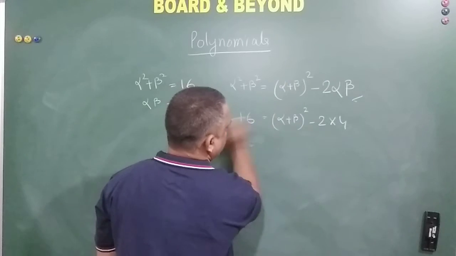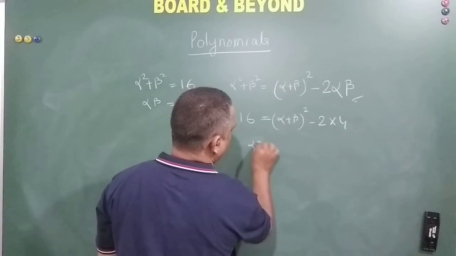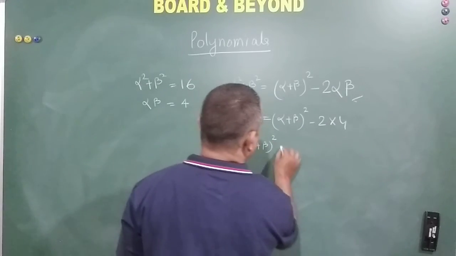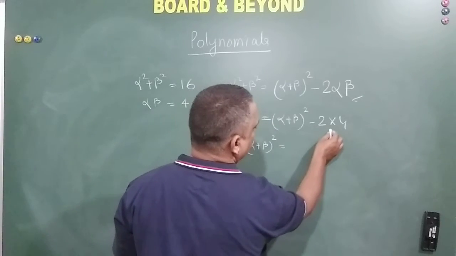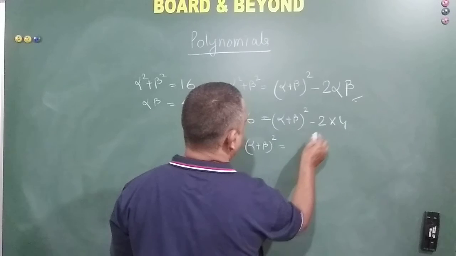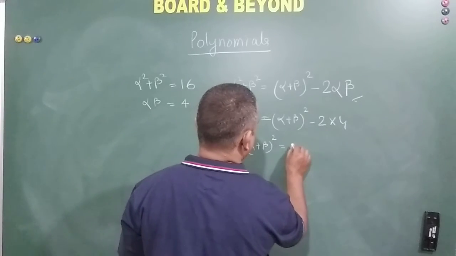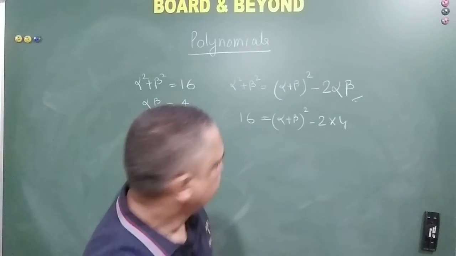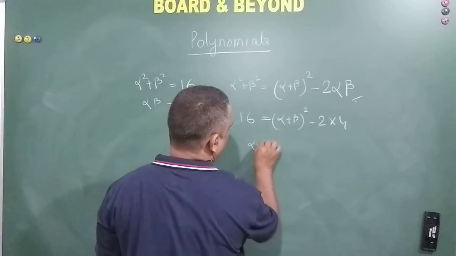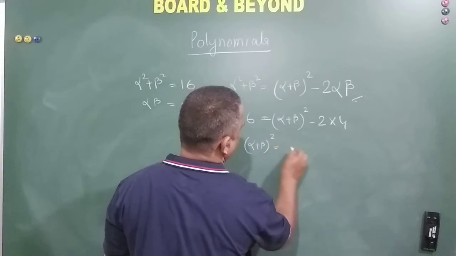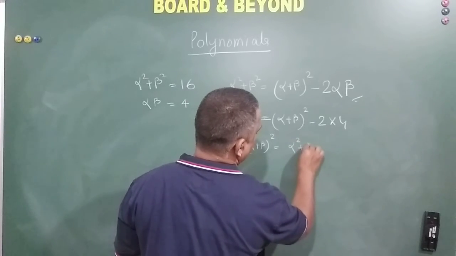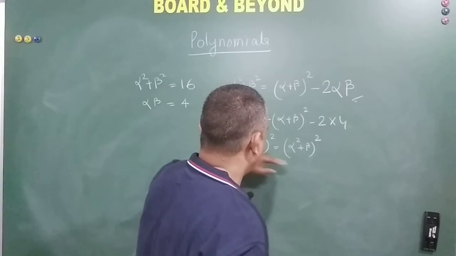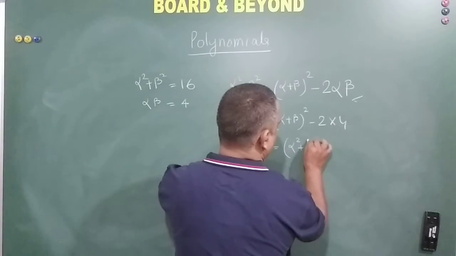Let's do one thing. Alpha plus beta whole square is equal to alpha square plus beta square, plus 2 alpha beta, which is extra here.